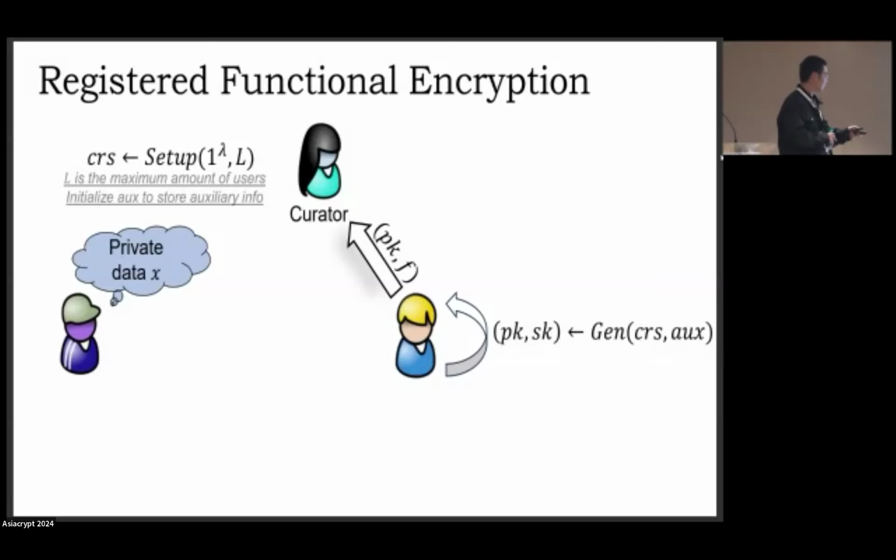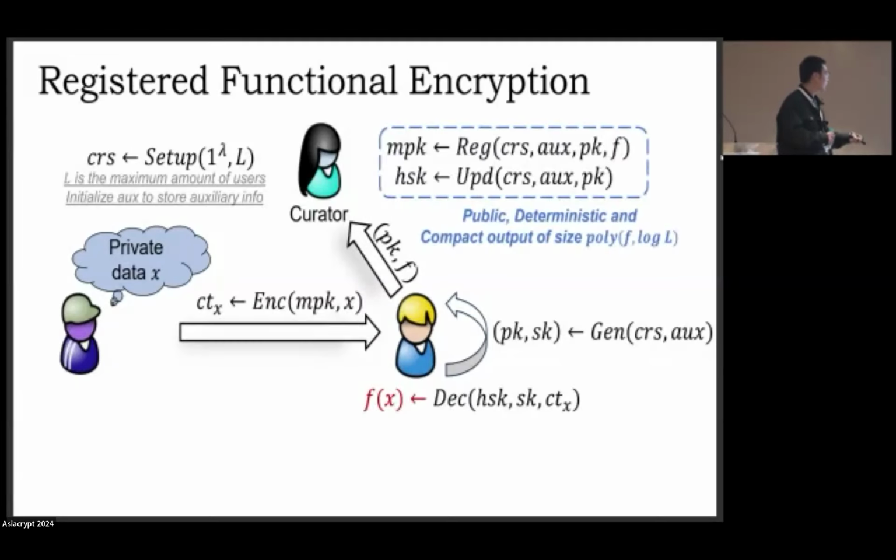With this CRS, the receiver will generate a pair of public key and secret key by himself, and then submit this public key and its function to the filter. The filter will register this information into MPK and helper secret key, HSK. Here, HSK is useful in the decryption algorithm.